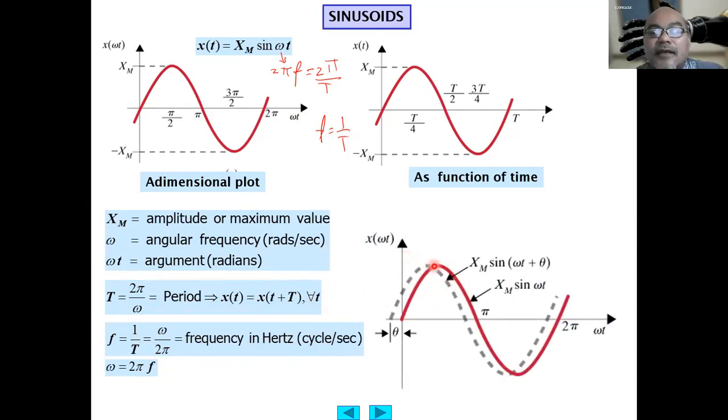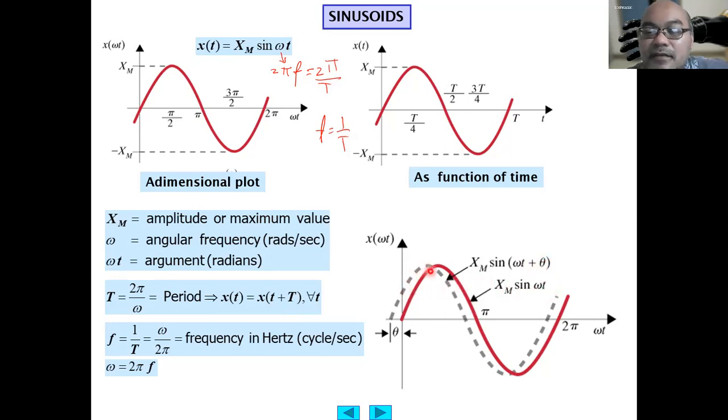Okay. If we have a constant added to omega t, a phase angle theta, it means the signal leads the original signal by that phase angle theta. For example, here we have two sinusoidal waves. The first one, the gray dashed line, is expressed as Xm sine omega t plus theta, and the red line is expressed as Xm sine omega t.